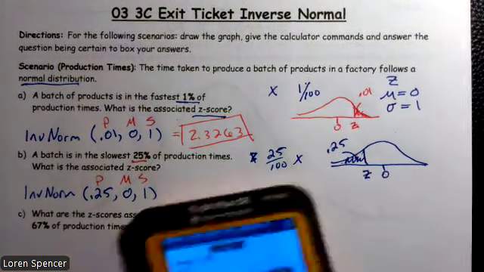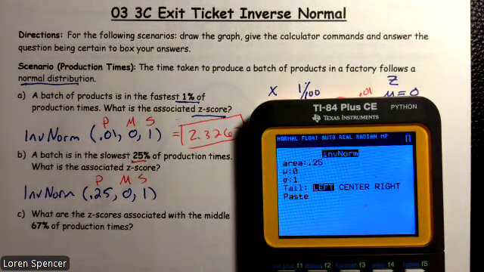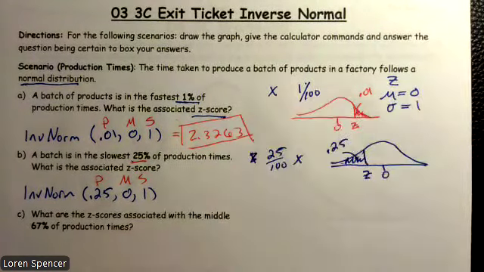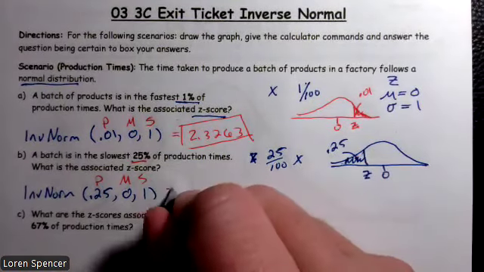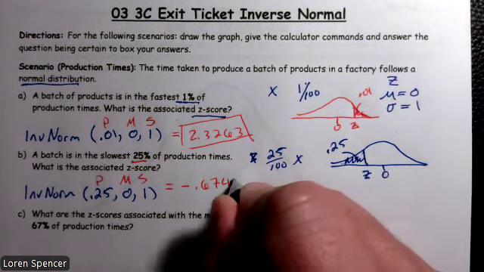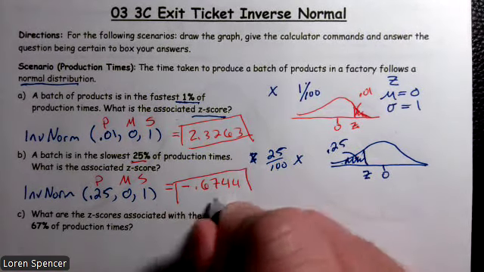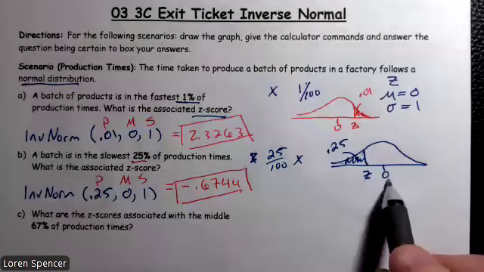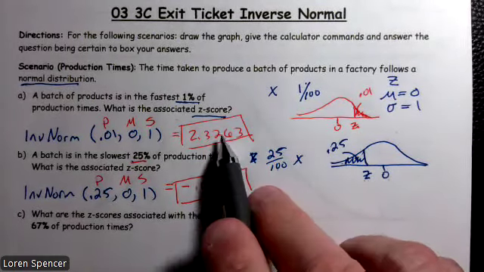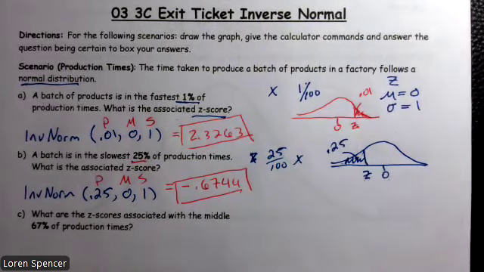But we are shaded from the left, so we need to make sure left is highlighted on the calculator. And we get negative 0.6744. You're like, gosh, does a negative number make sense? And the answer is yes, it does. Our Z-score is less than 0, so this should be a negative number. This was a positive number because our Z-score was greater than 0.